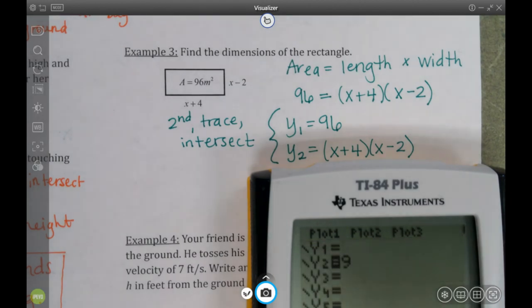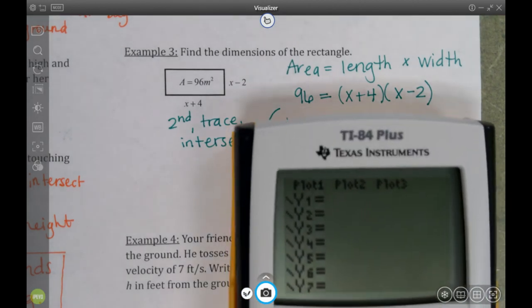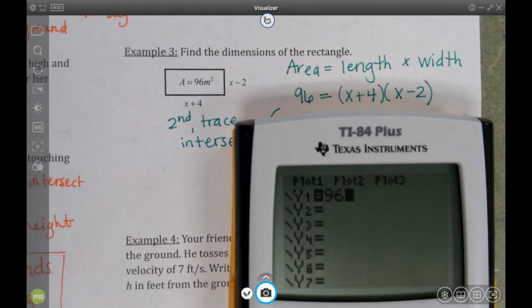So I'm going to go into y equals. In y1, I'm going to put 96. In y2, I'm going to use the parentheses on the calculator to do x plus 4 times x minus 2.